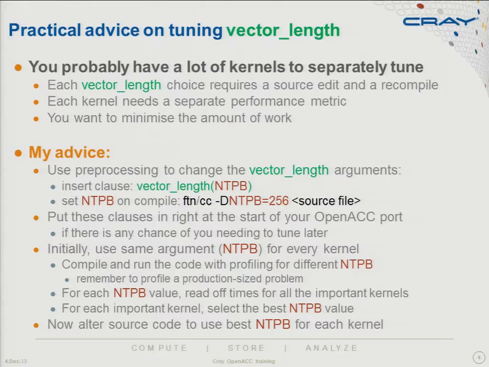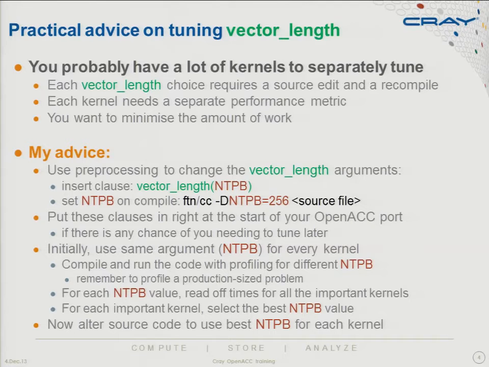You probably have a lot of kernels, not in Himeno, there's only one, but in a real code, and you think, well, it's probably worth looking at whether threads per block is a good tuning on all of these. Because you have to edit the source to put in the vector length clause and do a recompile, and for each kernel you need to see, does this kernel speed up? Does that kernel get slower? Because the optimal number will probably be different for every kernel. There can be a fair amount of work in doing that.